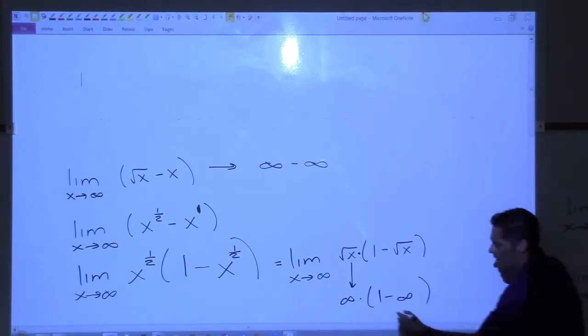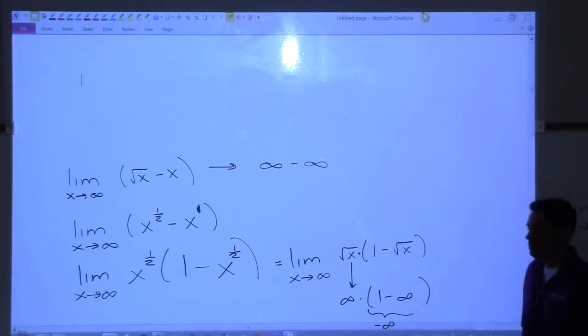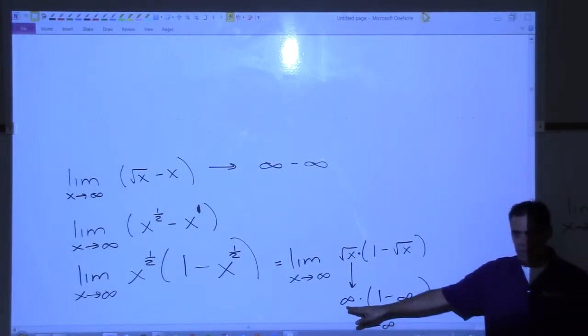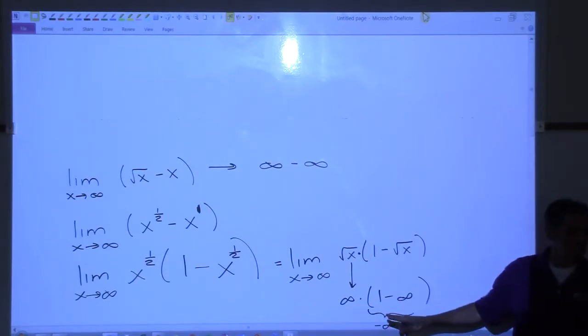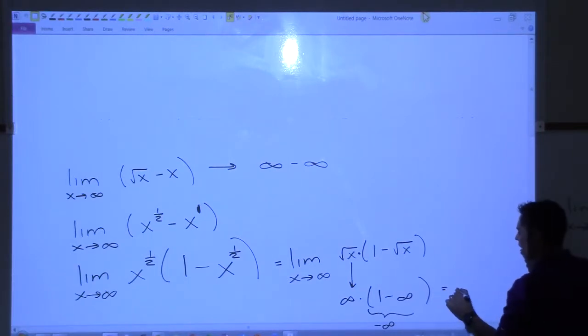So this is going to be negative infinity. So you have infinity, and you're multiplying by something that's becoming huge but negative. And we know infinity times infinity should be infinity, right? But if one of them is positive and the other one's negative, we should get negative. So this should be negative infinity. Do you all follow that?